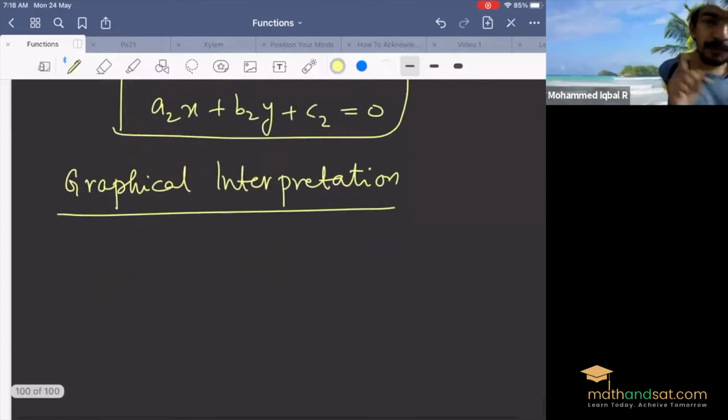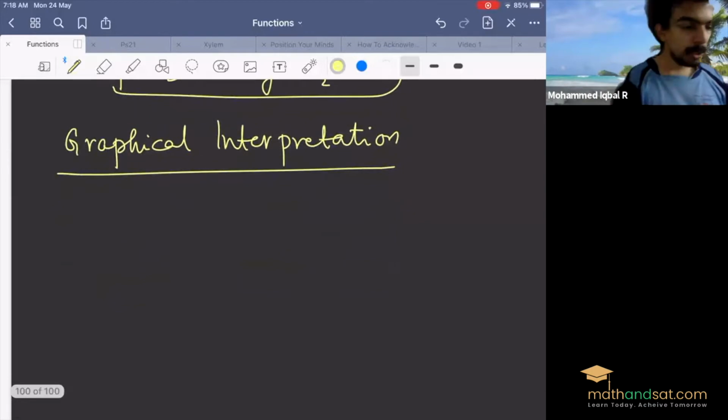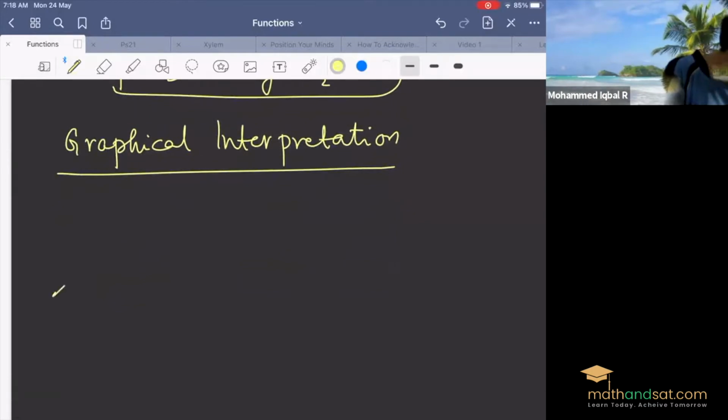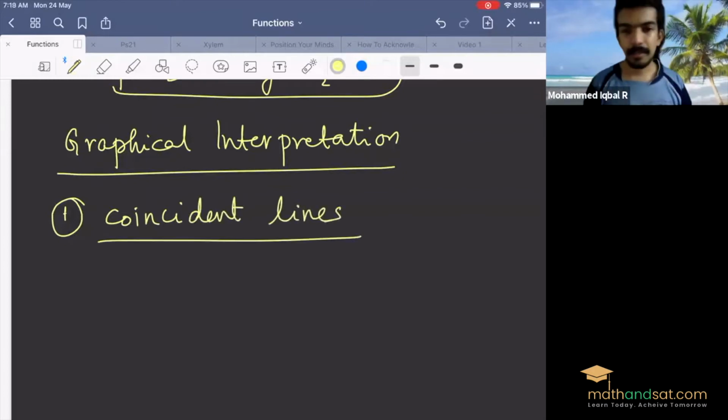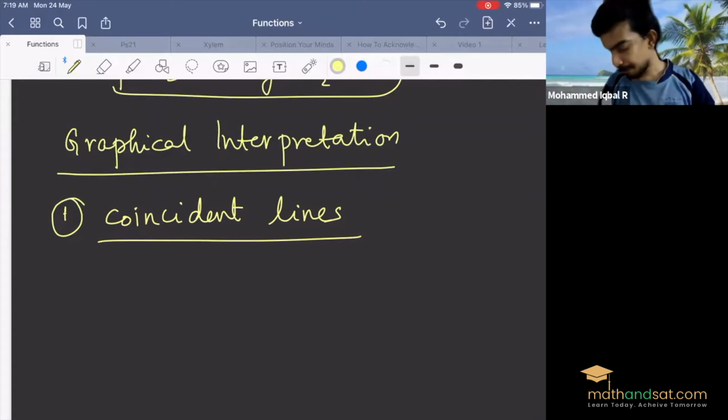One possibility is the lines being coincident. What do you mean by coincident lines? Both lines will be exactly the same.